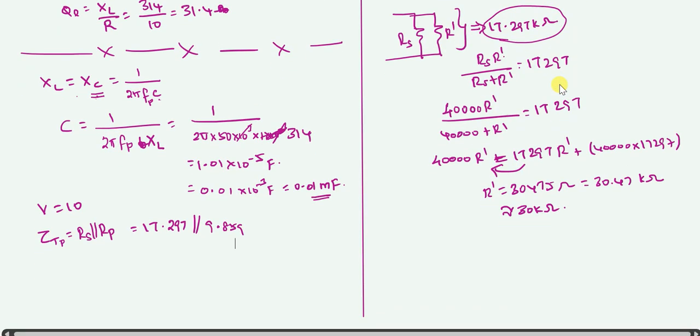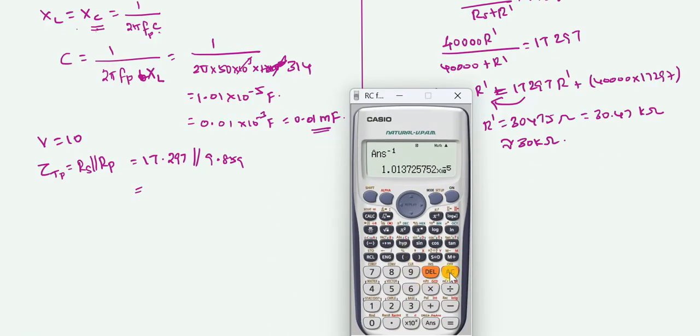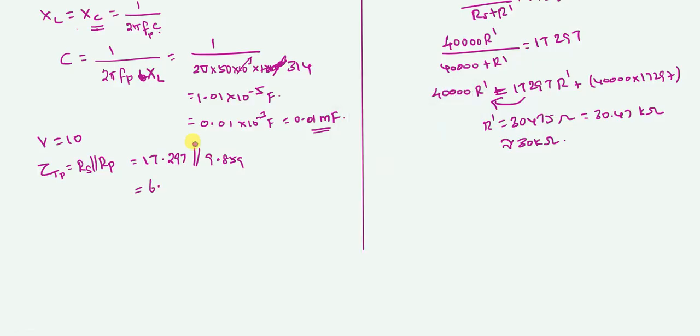So this is the total impedance seen by the source. If I simplify, I get 17.297 inverse plus 9.859 inverse, so the answer inverse is equal to 6.279. So I take approximately 6.28 kilo ohm.